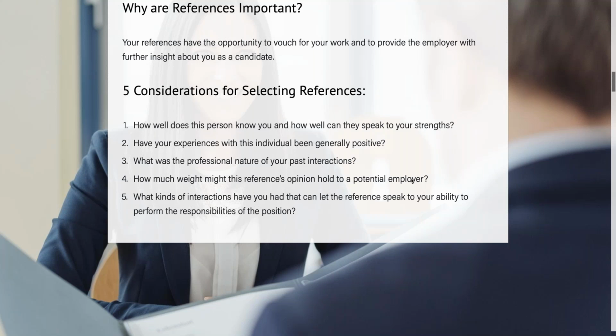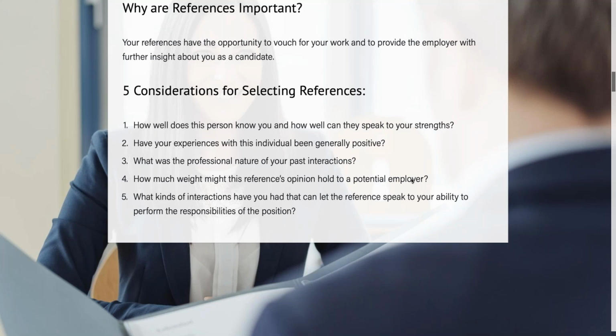How much weight might this reference's opinion hold to a potential employer? It's important to think about what they're going to say, but also how that perspective is going to be furthering your candidacy for consideration and moving forward, hopefully to extend an offer of employment. And what kind of interactions have you had that can let the reference speak to your ability to perform the responsibilities of that position?